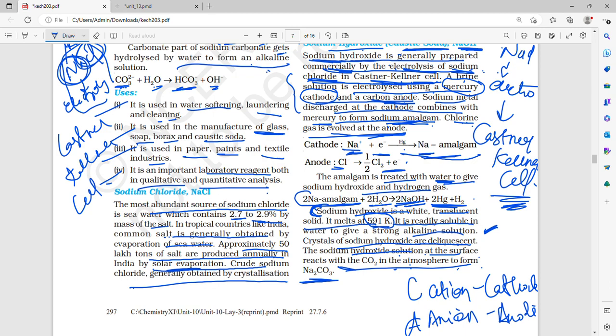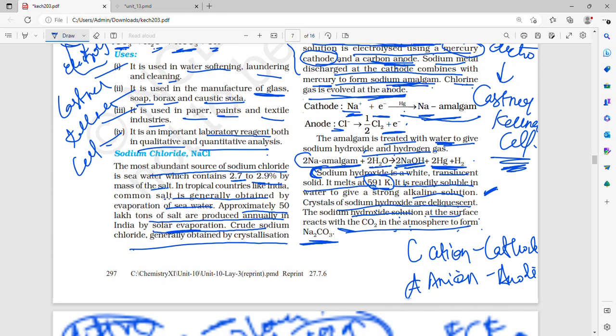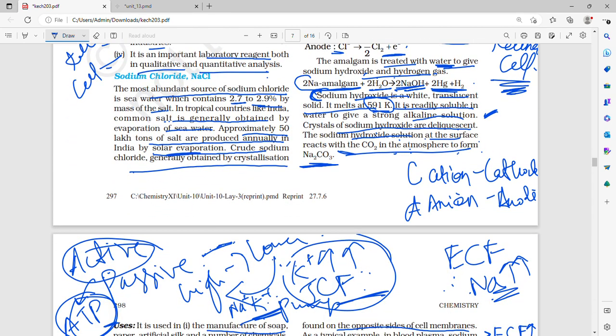Sodium metal is discharged at the cathode and combines with mercury to form sodium amalgam, and chlorine gas is evolved at the anode. The amalgam is treated with water to give sodium hydroxide and hydrogen gas. This is how you obtain caustic soda or sodium hydroxide.